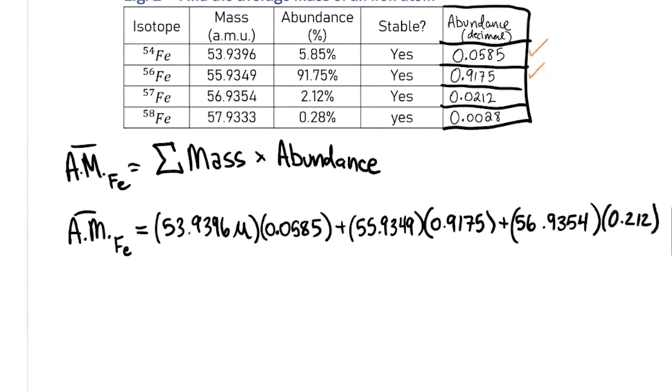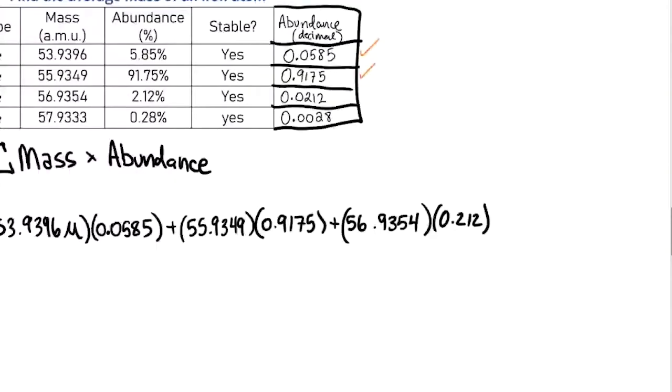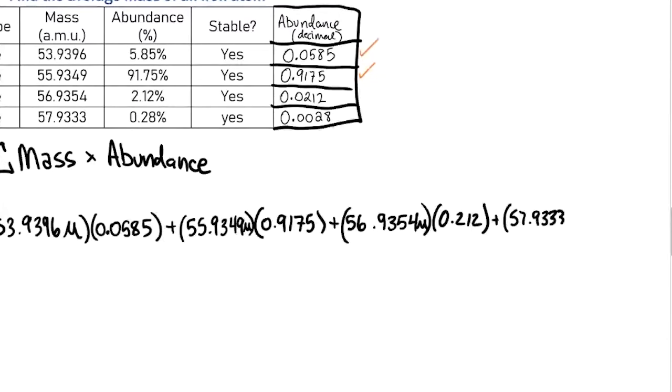And we should be able to just fit this on the page if we're careful. I should put units with these, by the way, so I'm going to do that. And the last one has a mass of 57.9333 atomic mass units, and it has an abundance of 0.0028.